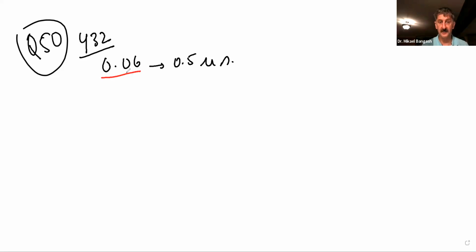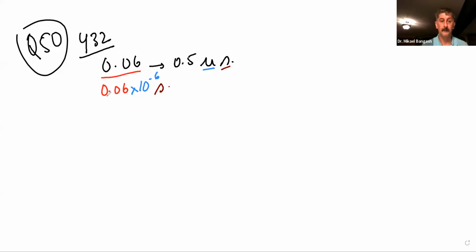Now, ladies, there's 0.06 microseconds here, which can also be written as 0.06, and the micro can be written as 10 raised to the power -6. When you look at 0.06, this number itself is a fraction of a microsecond, actually a 100th of a microsecond.